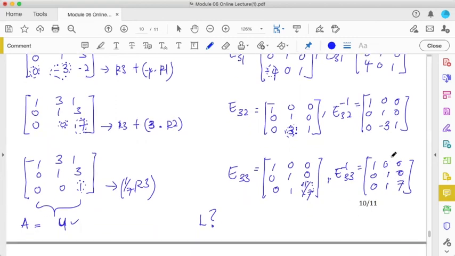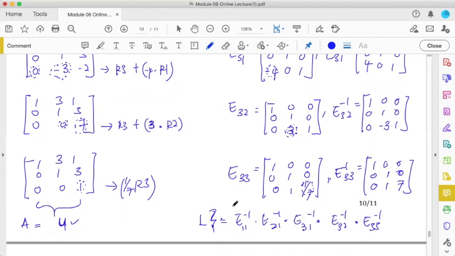So finally, once you do that, you can find your L matrix. Your L matrix is given as the multiplication of all these inverse elementary matrices, which are E11 inverse, E21 inverse, E31 inverse.